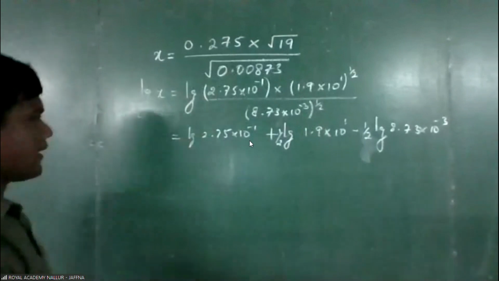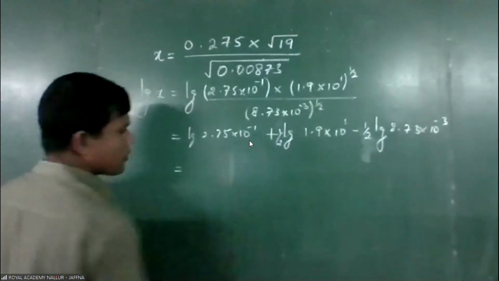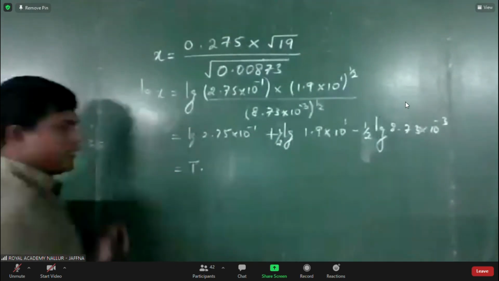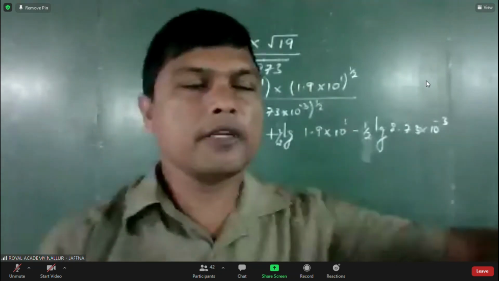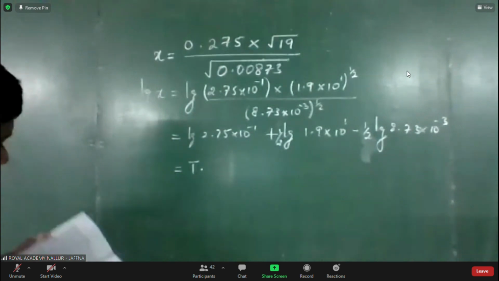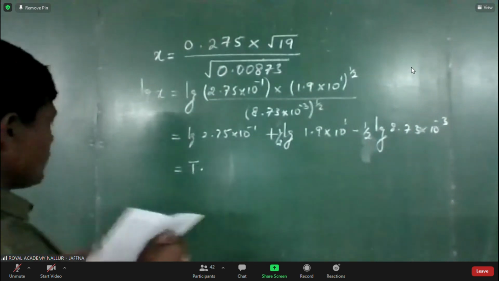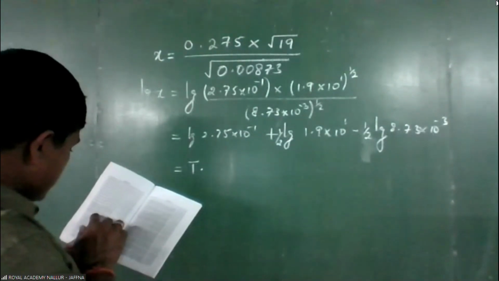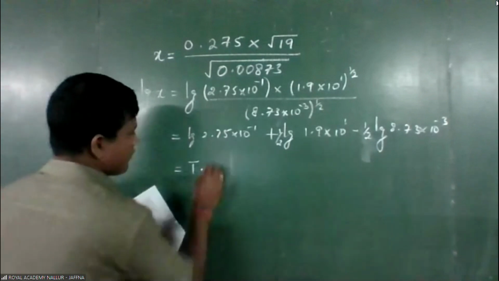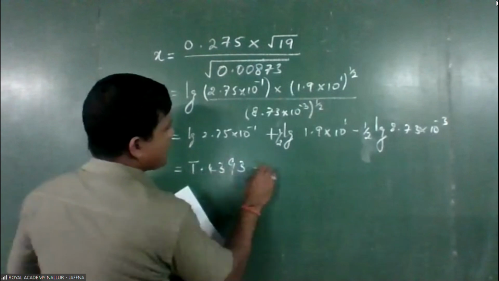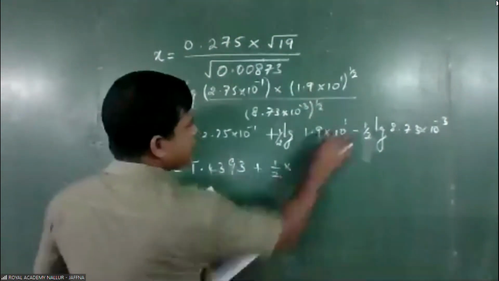So this is the expansion. Then as it is 10 to the power -1, when finding logarithms, you use bar 1 point, right? Bar 1 point. When you find the logarithm of 2.75 from your log table, I think you all have done it, right? 2.75 means answer 4393. 4393 plus half of 10 to the power 1.